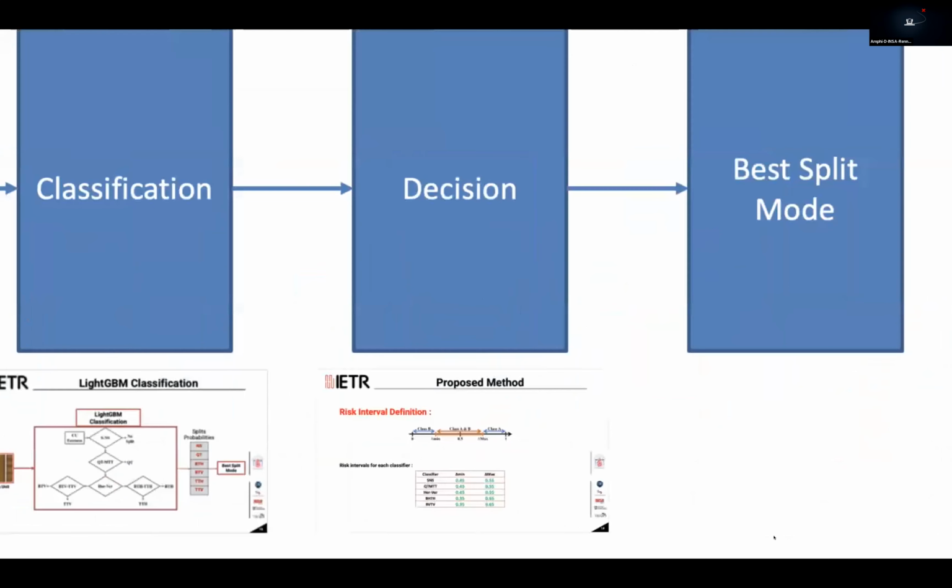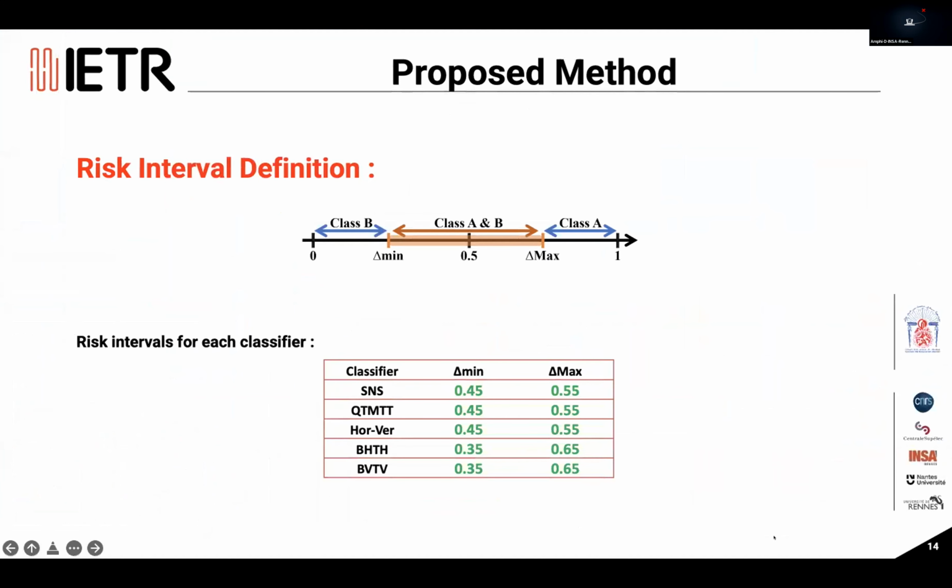In the step of making our decision, instead of using the default threshold of 0.5 to select either class A or class B, we use the concept of the risk interval, which comes to tackle the problem of misclassification that might be caused by a false prediction from a classifier.